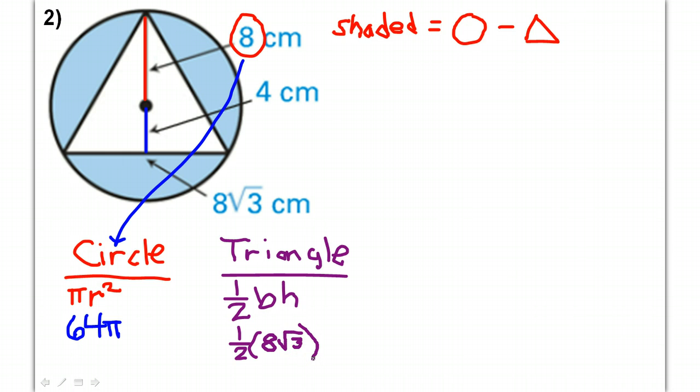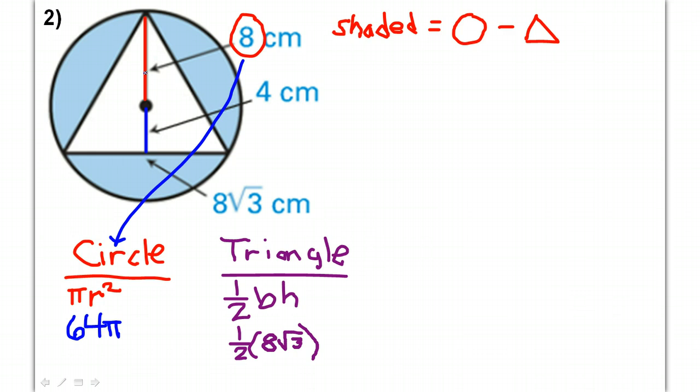Maurice, what's the height? Would it be 8 radical 3? No, that's the base, brother. 8 radical 3 is this. Okay, the height. Height's 12. The height is 12.